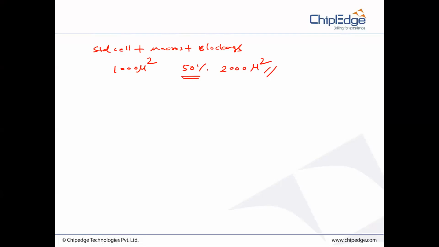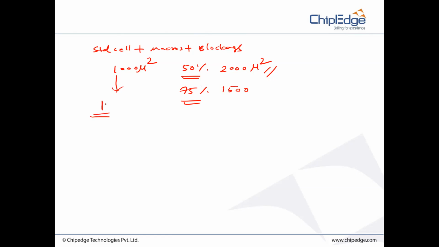For example, now another person is designing by taking 75% core utilization. If the core utilization is 75%, what is the area he is using for that? 1250? I think, right? Just do the calculation and tell me, man. If it is 75%, what should be the core area? If it is 1, what is the core utilization area? I think for this you can tell.